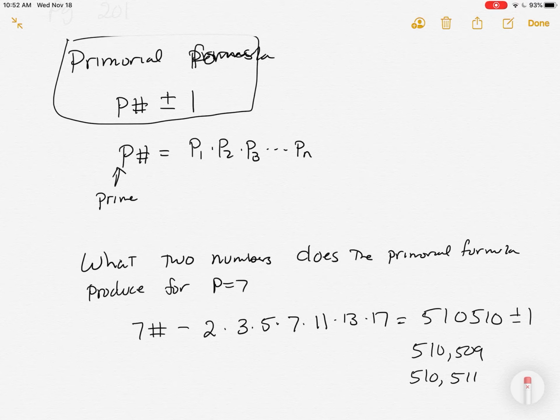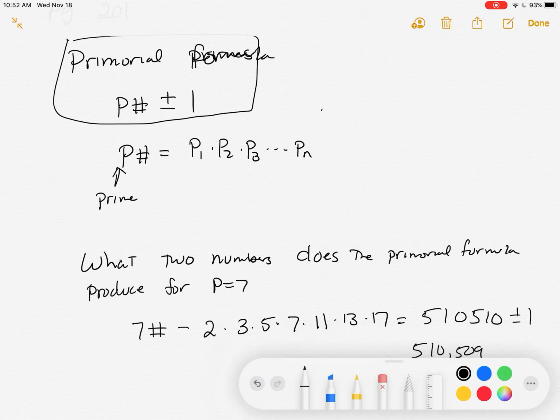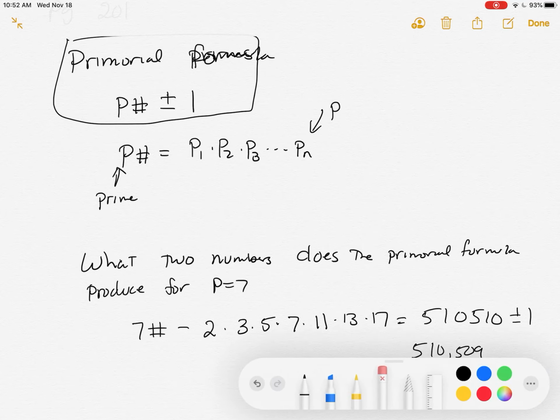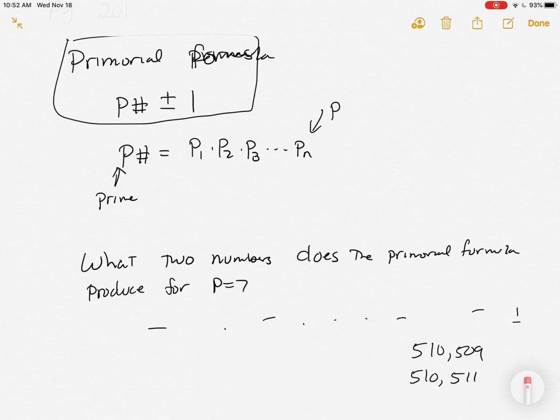This is the stopping point. So, for example, this Pn is P itself, right? So they put Pn, but evidently it's P itself. I was reading it in the book and it sounded a little bit different. Okay. So what do they really want here with P equal to 7? Not for you to get a huge number like that.